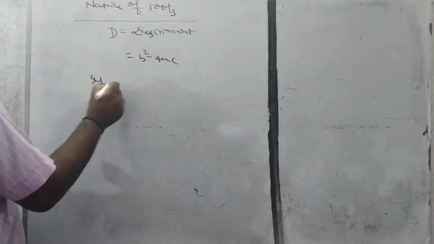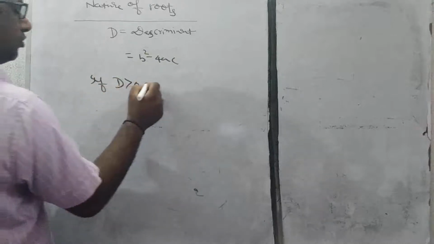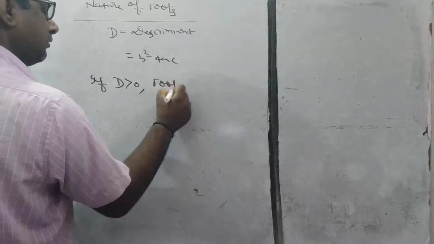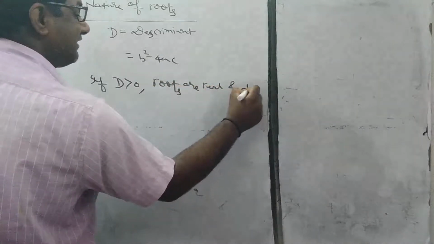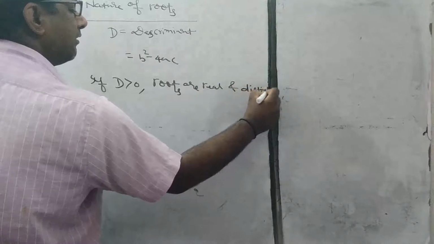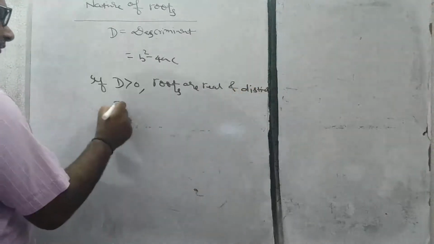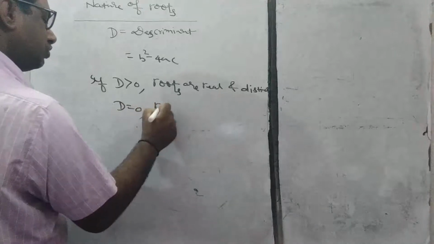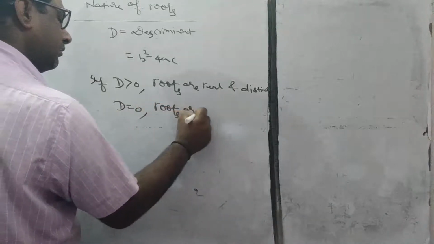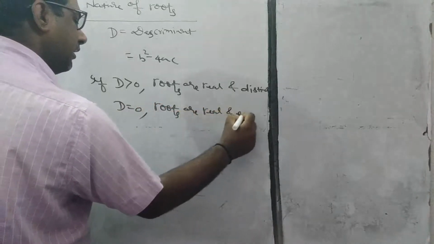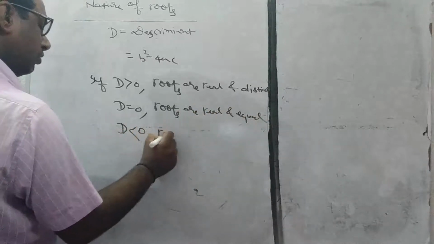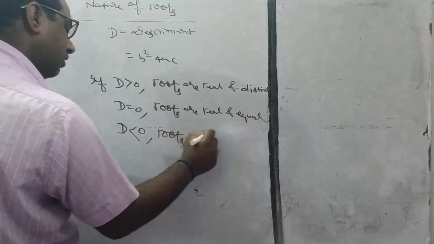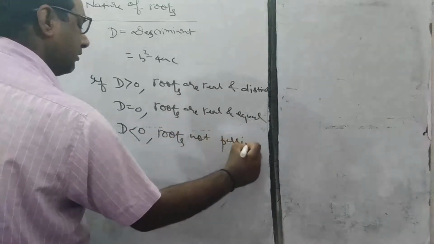If D is greater than 0, roots are real and distinct. If D is equal to 0, roots are real and equal. If D is less than 0, real roots are not possible.